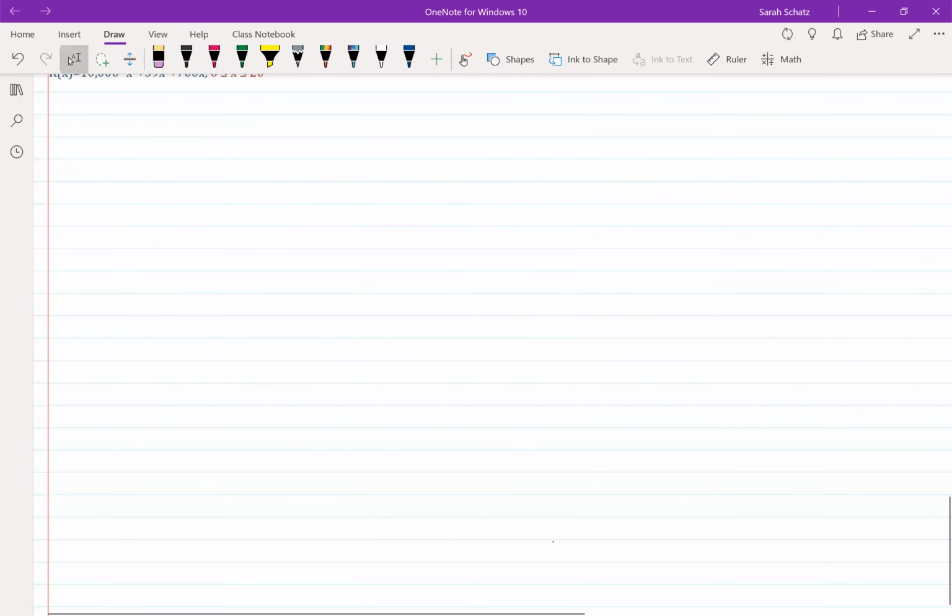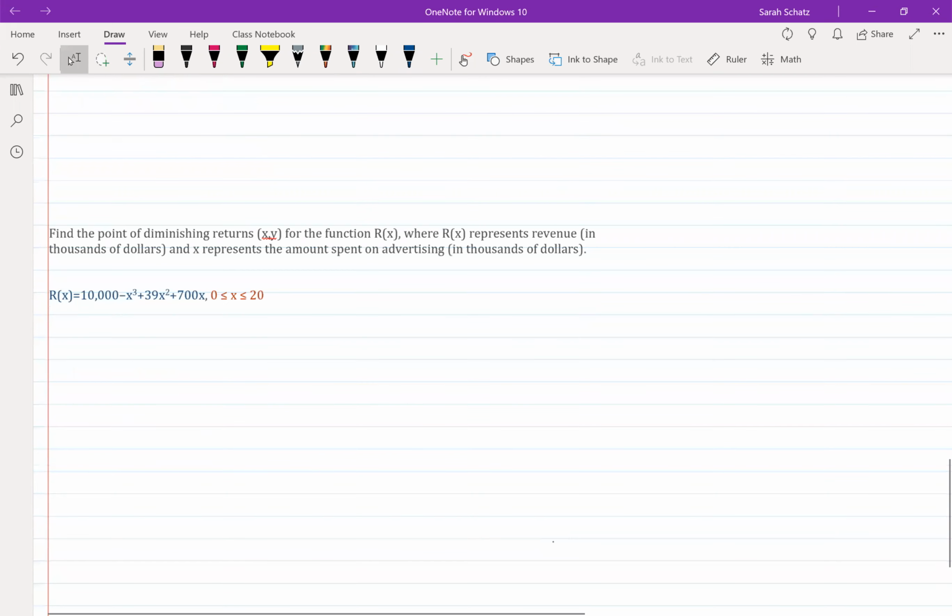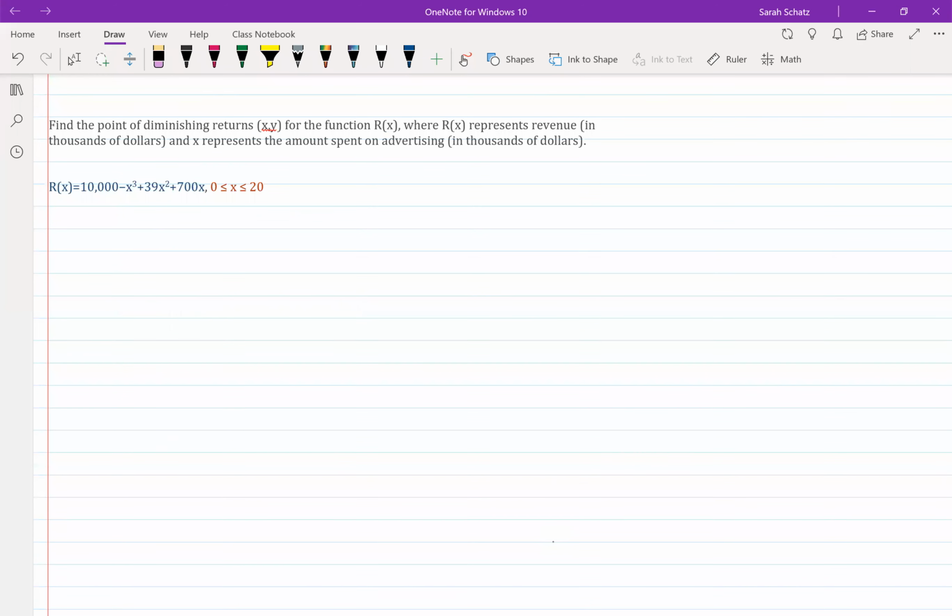Is this the last one? I think this is the last one. Okay, so on this one, I am looking for the point of diminishing returns for the function below. So point of diminishing returns, what am I looking for?